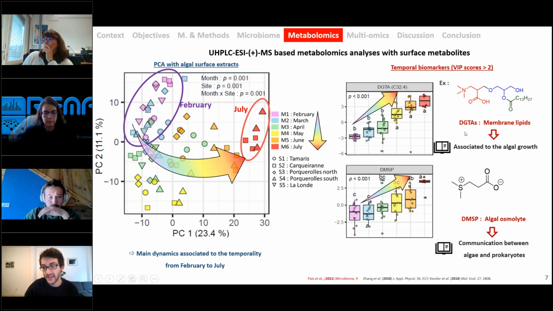These membrane lipids are known to be more produced during the growth of the algae. We also find the DMSP, this algal osmolyte, really important in the communication between the seaweeds and also the algae with their prokaryotes.